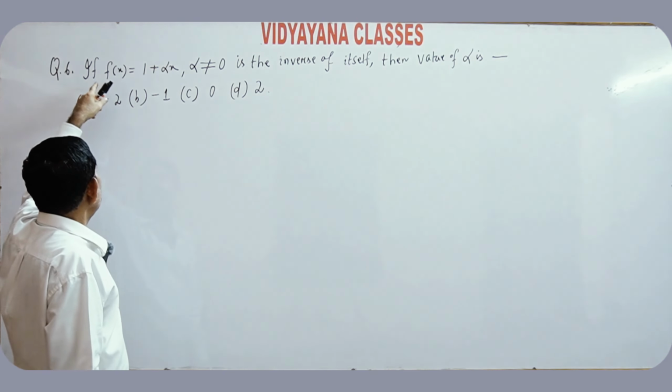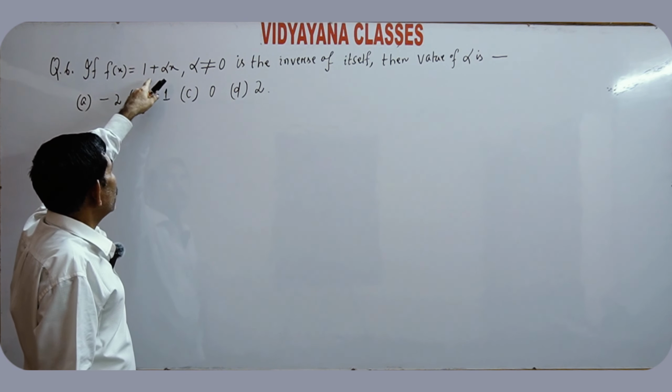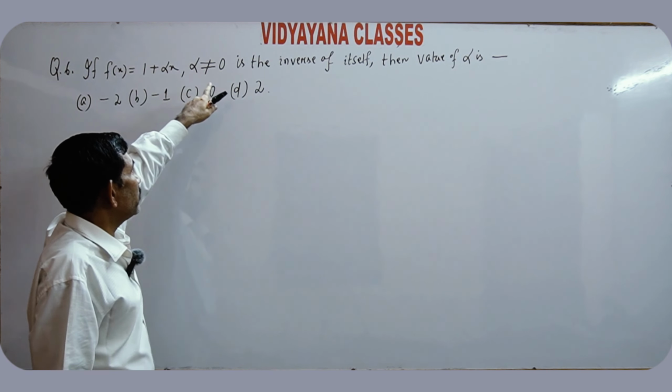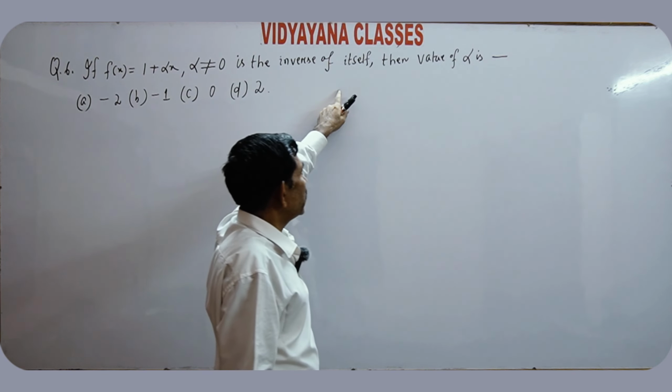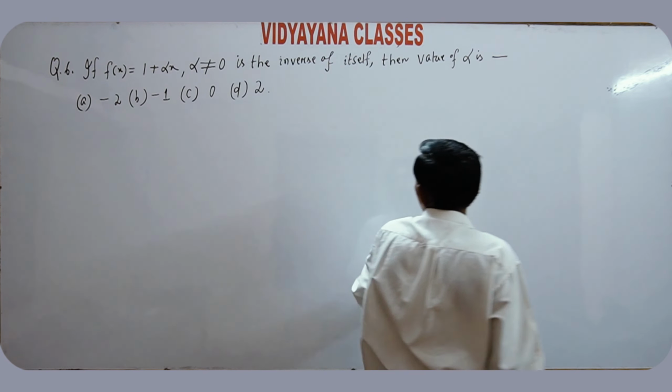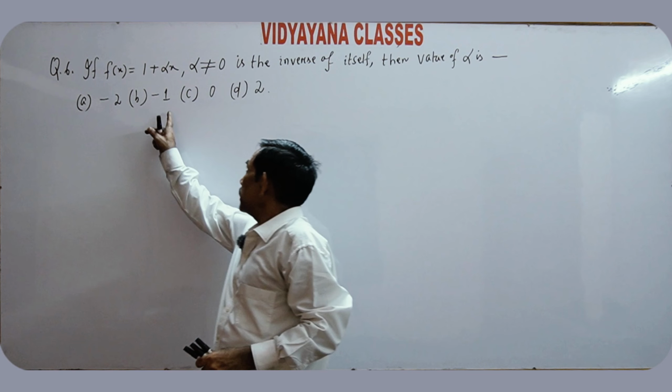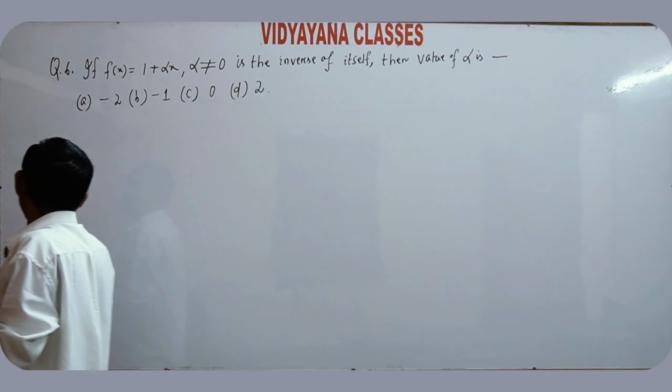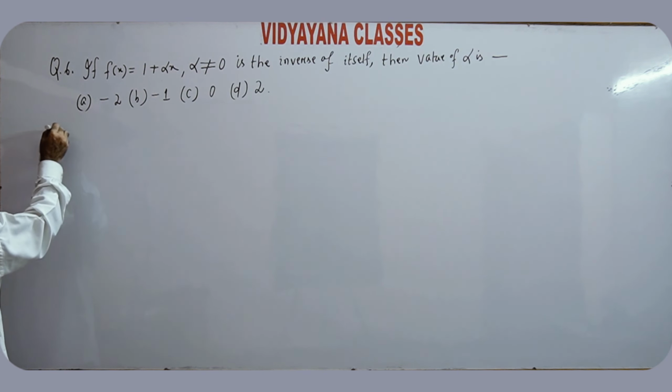Next, question number 6. If fx is equal to 1 plus alpha x, alpha not equal to 0, is the inverse of itself, then the value of alpha is dash. Minus 2, minus 1, 0 and 2. Solution.